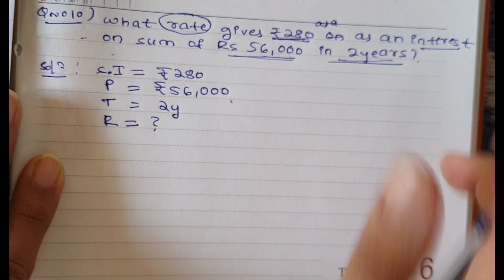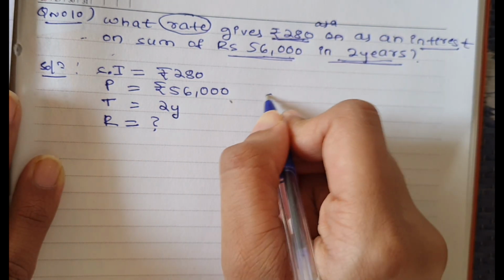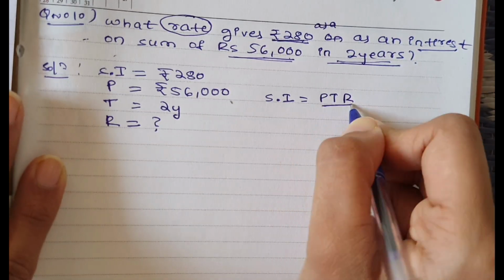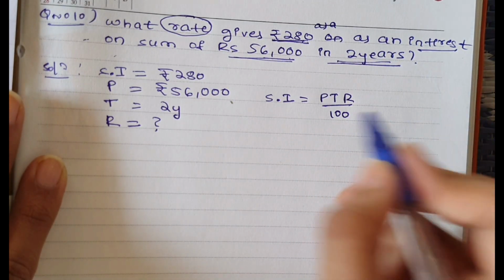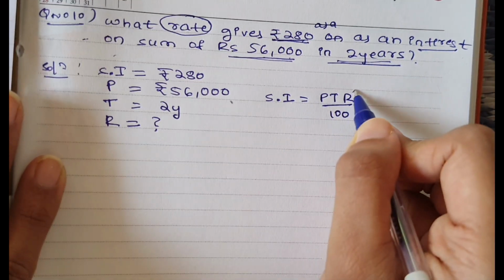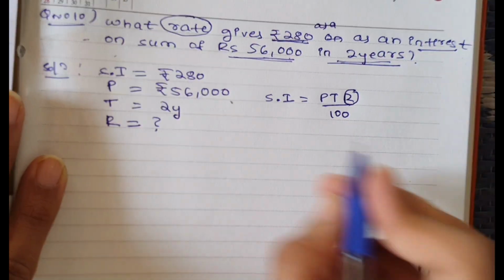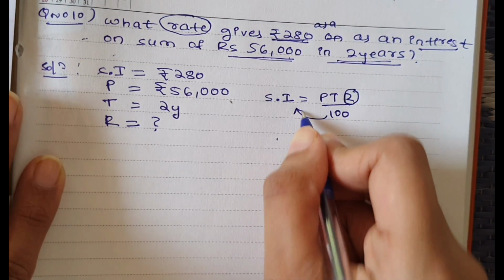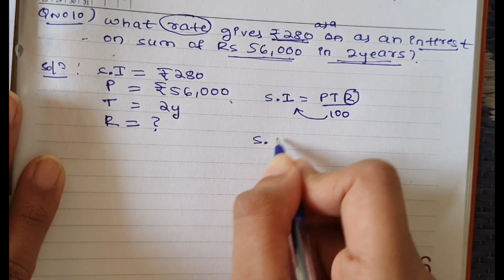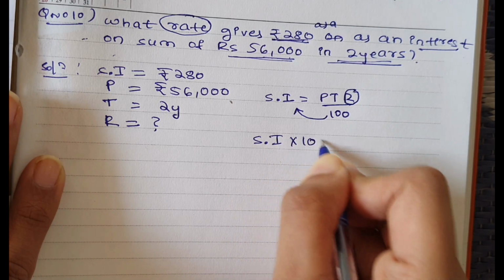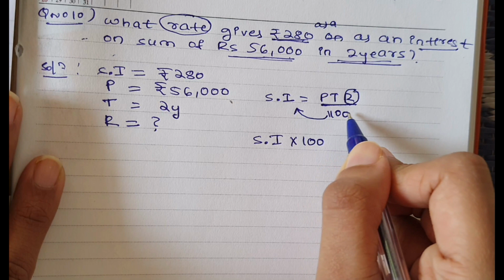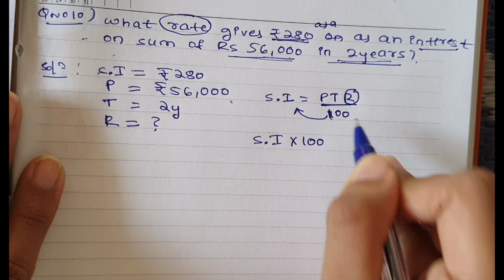We don't know. Now, we know the formula to find the simple interest, right? Simple interest is equal to PTR upon 100. In this, we know the value for all these except rate. How to find the rate now? If I move this 100 from RHS to LHS, this will be simple interest multiplied with 100. Why? When 100 was in RHS, it was in division mode.